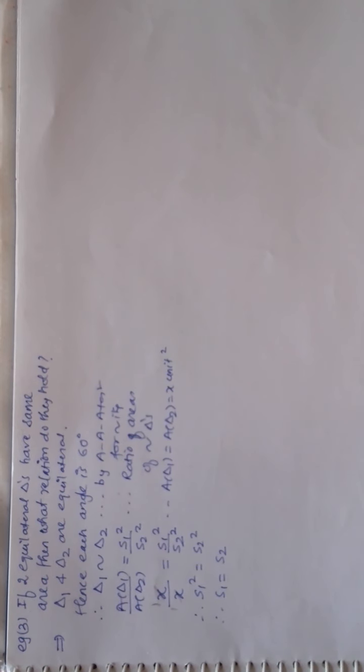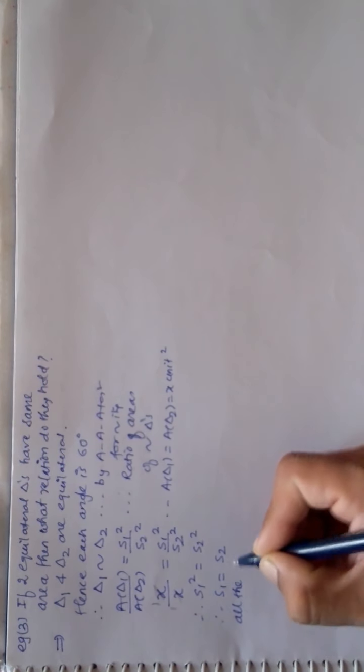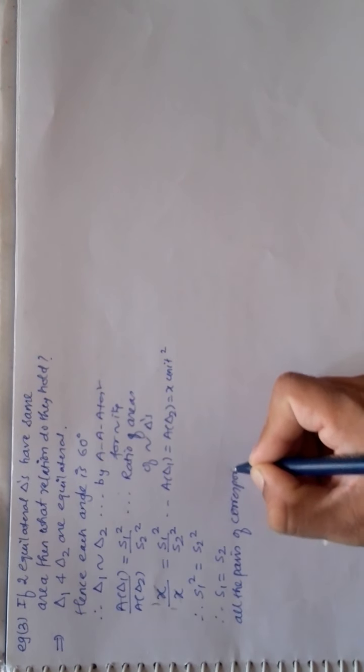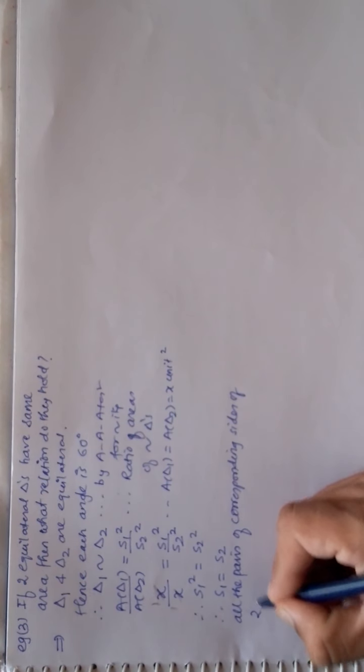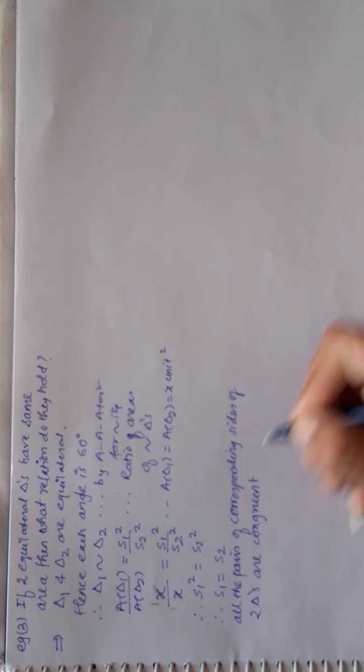So obviously I can say here that all the pairs of corresponding sides of two triangles are congruent. If all the pairs of corresponding sides of two triangles are congruent, then obviously the two triangles will have all the pairs of corresponding angles congruent, which is mentioned already, and all the pairs of corresponding sides congruent.